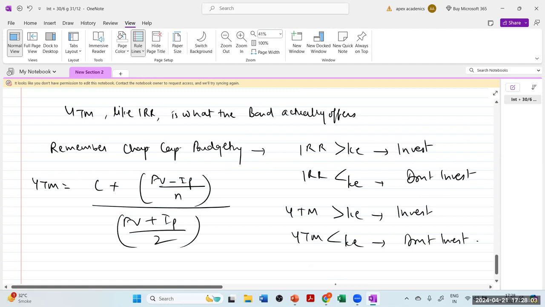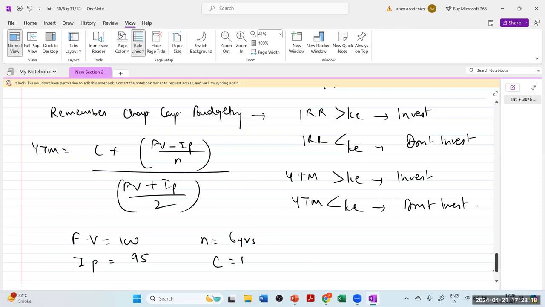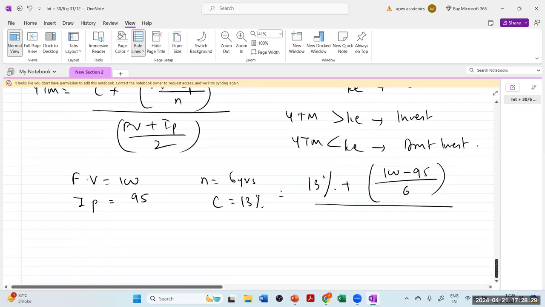Now, Khushi, please unmute. In the previous question, your face value was 100. The issue price was 95. The N was 6 years. And the coupon rate was 13%. So what was the answer? 13% plus 100 minus 95 divided by 6, the whole upon 100 plus 95 divided by 2.